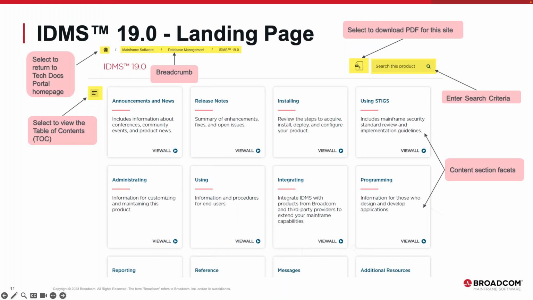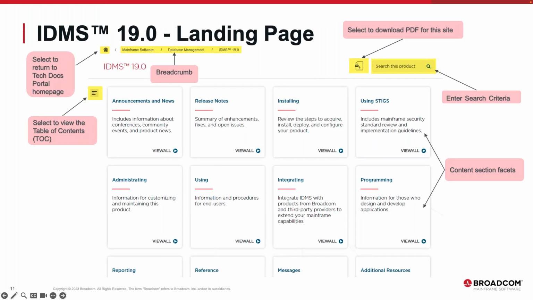The facets and squares display the contents of categories, for example, IDMS videos and integrating. The home icon in the upper left takes you back to the TechDocs portals page.